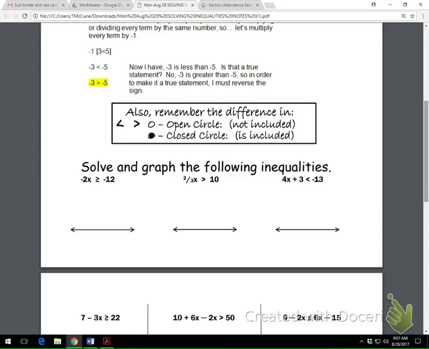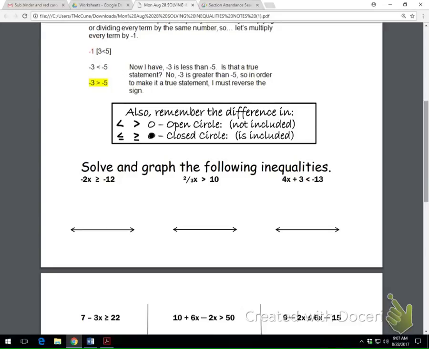That means it does not include a certain number. Does that make sense? It means it leaves that number open. Then less than or equal to, greater than or equal to is closed. That means it does include that number. Okay? So we'll make it very simple so you can understand what I'm talking about.